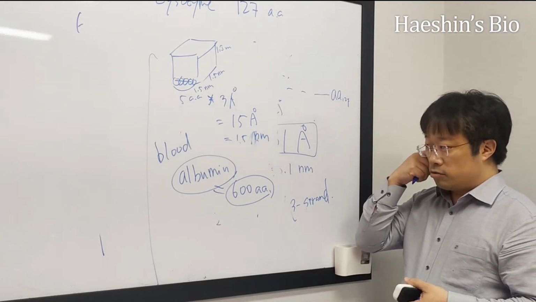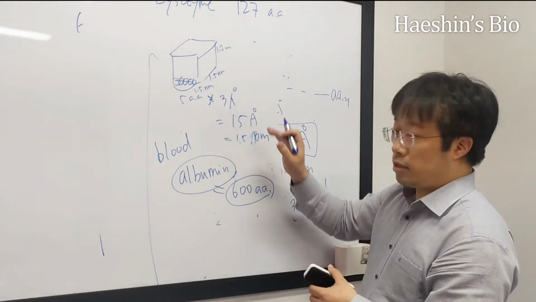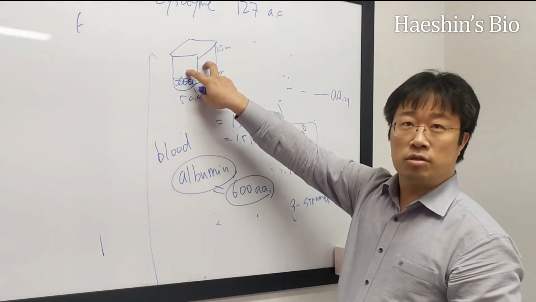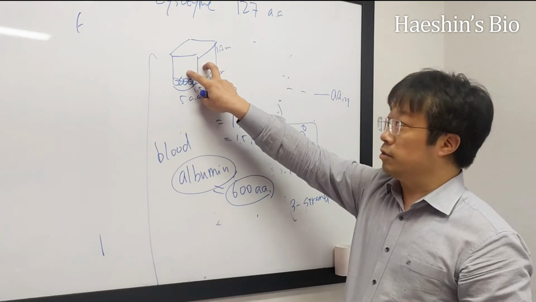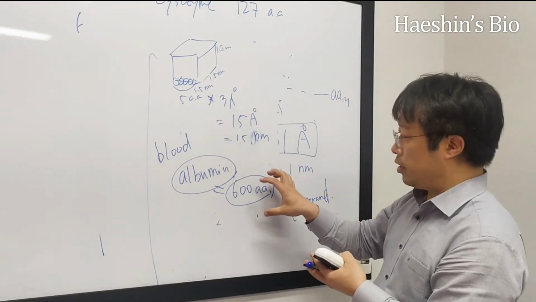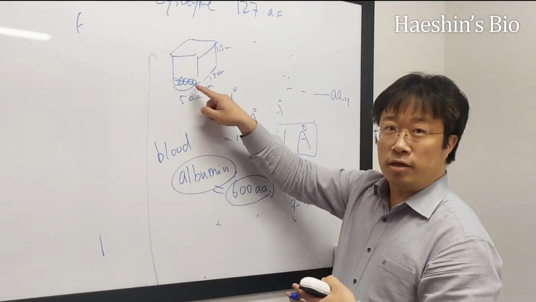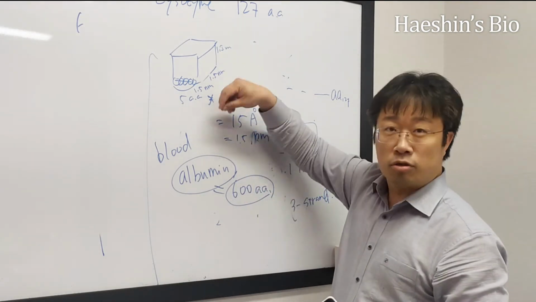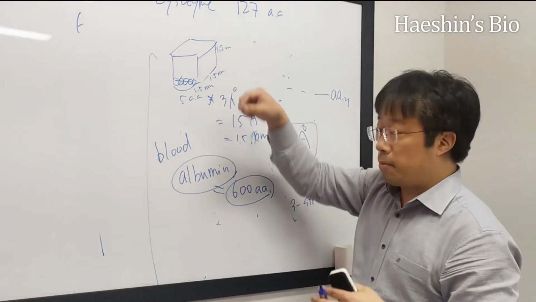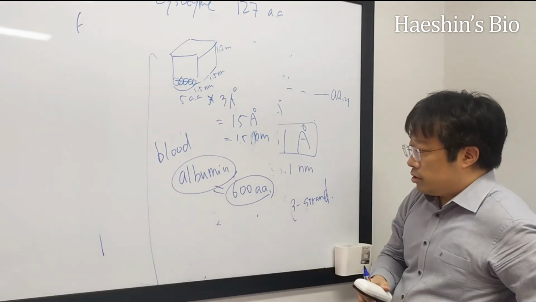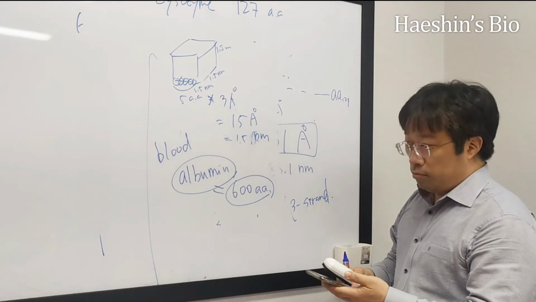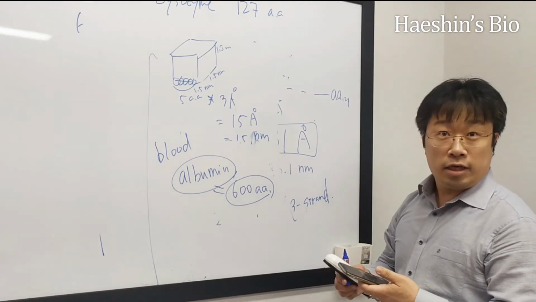Let's calculate the size of the 600 amino acids, thinking the same way, with approximations using this cube system. The simple question is how many amino acids are packed along X, Y, and Z so that all 600 amino acids fit in this cube. So I'll do the calculation. Say maybe 8 times 8 times 8.